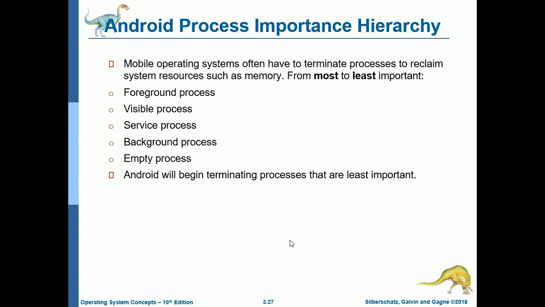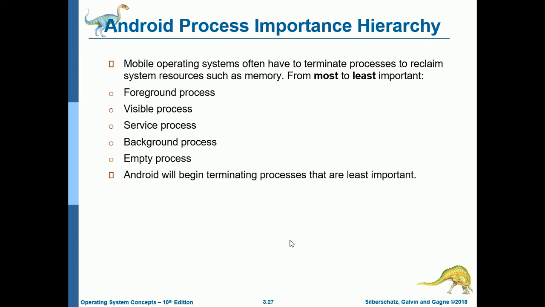Okay, next we have the Android process importance hierarchy. Mobile operating systems often have to terminate processes to reclaim system resources such as memory. As I have said, all the resources that the process has used must be deallocated so that other processes can use those resources.